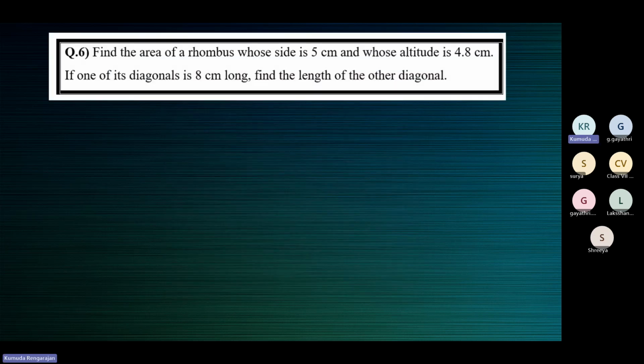Okay, next one. Find the area of a rhombus whose side is 5 centimeter and whose altitude is 4.8 centimeter. So you can draw the rhombus like this.